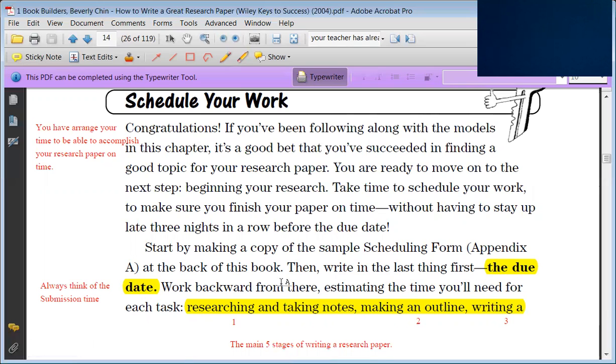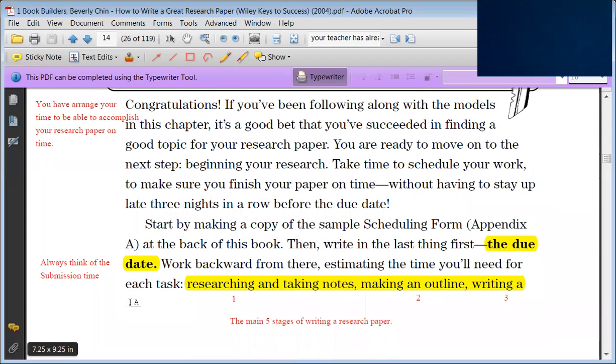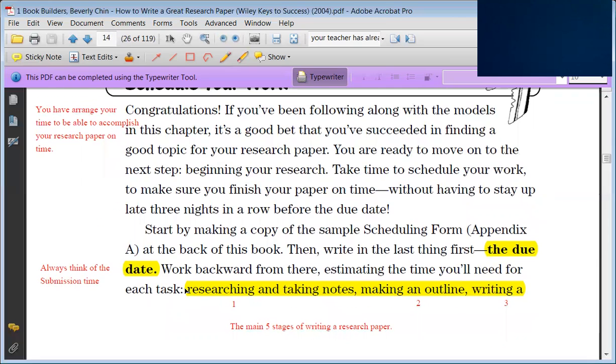You must organize your time and know the due date so you don't miss the deadline. Work backward from there, estimating the time you will need for each task. You have to be aware of the time needed for each task. The task here means the stages you are going to pass through to write your paper. These are the steps or stages you write through.